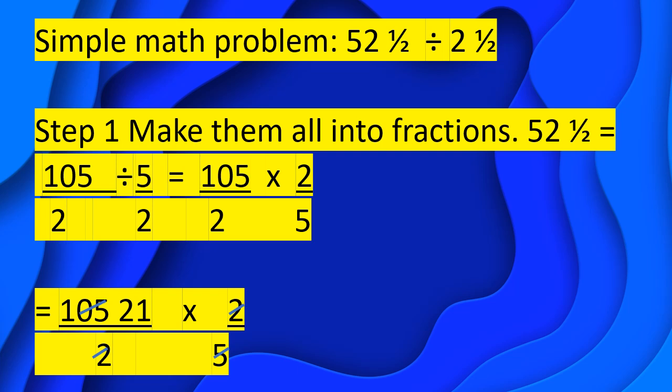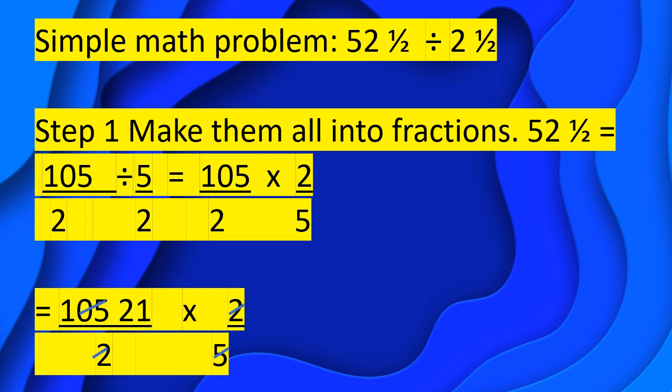So we end up with 105 divided by 5 on the top and 2 on the bottom. We have to convert that from a division to a multiply. So we change the sign from divide to multiply. We change the 5 over 2 into 2 over 5. So we end up with 105 over 2 multiplied by 2 over 5.